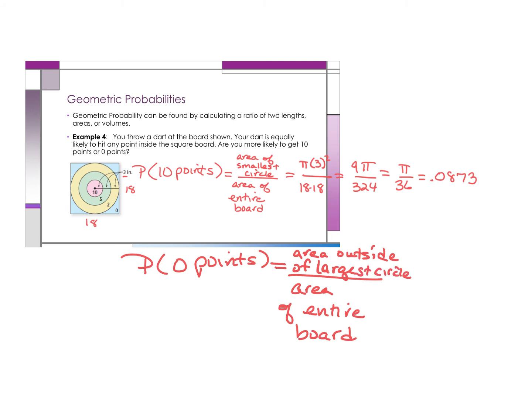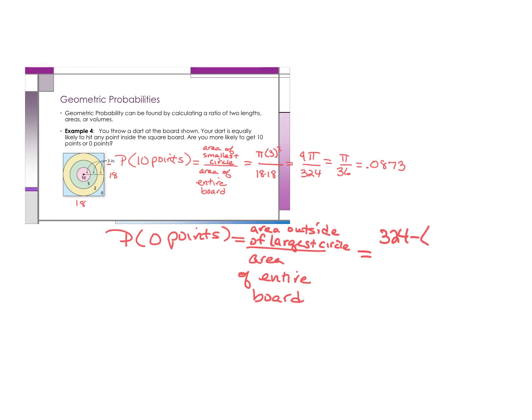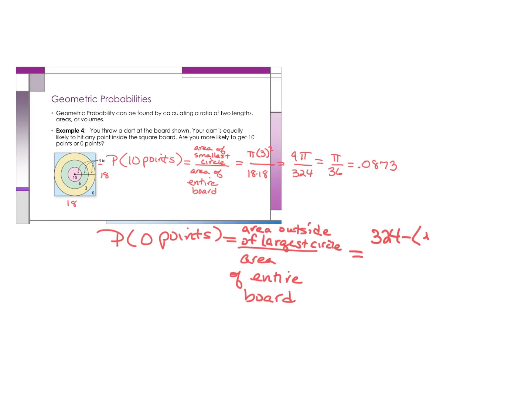And the way that we're going to do that is we're going to take the square and subtract out that largest circle. So the square, remember we just did it, it's 324, 18 times 18. And then I'm going to subtract the area of the large circle, which is going to be pi times 9 squared. And then it's over the entire board, which was 324.